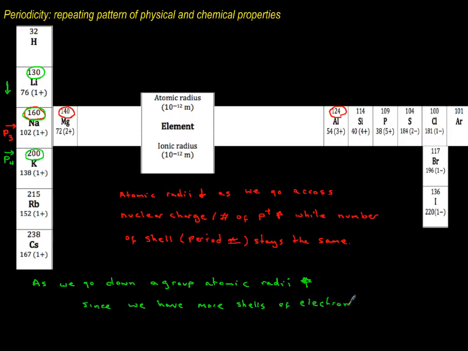And since number of inner electrons or inner shells go up, this is also saying the shielding is increasing. So shielding increases. The inner electron layers are protecting their valence electrons.